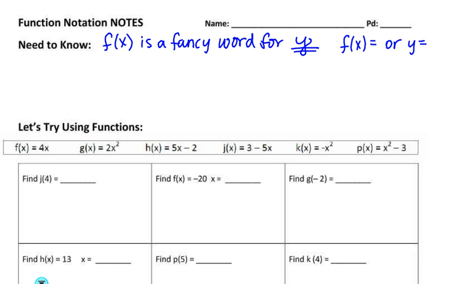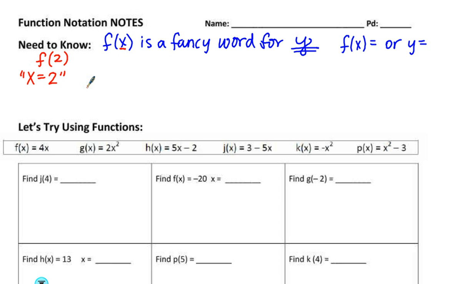Now that we know that, now you want to know this. Sometimes you might see something like this. We read that as f of 2. Alright, what this is telling me, well, notice what the 2 is in place of. It's in place of the x, right? So this is giving me an x value. It's saying x equals 2.